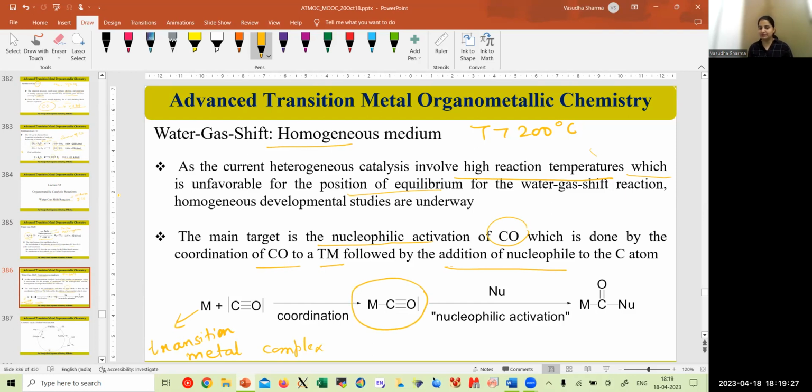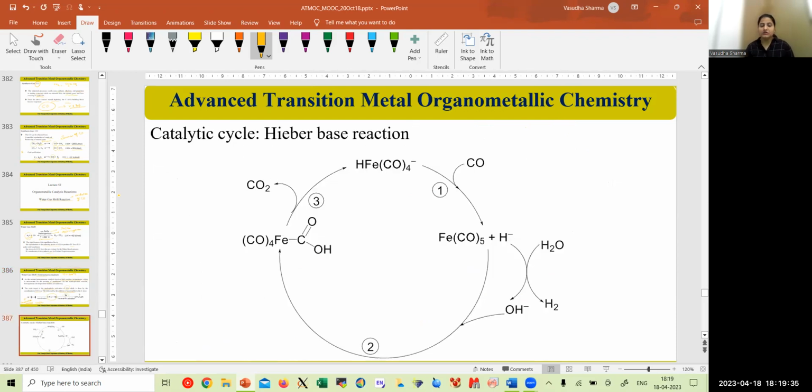Once the coordination happens, because this carbon is electrophilic in nature, the nucleophile gets activated and attacks the carbon. Now the main important step is carbon monoxide plus water giving you CO2 plus H2.